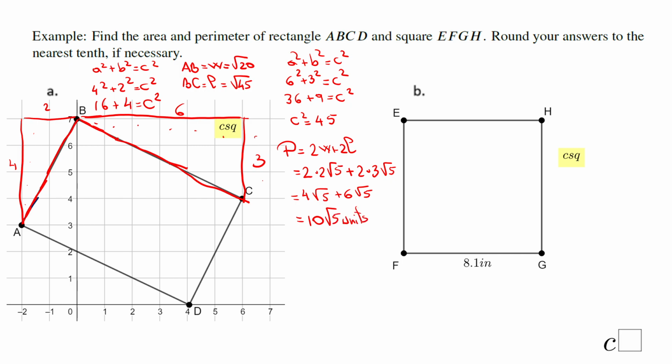Remember, we are in the rectangular grid here, so we're going to use units. An approximation eventually, right? Let's grab a calculator, and I'm going to do 10 times square root of 5, and I end up with 22.4. I round it to the nearest tenth, 22.4 units.